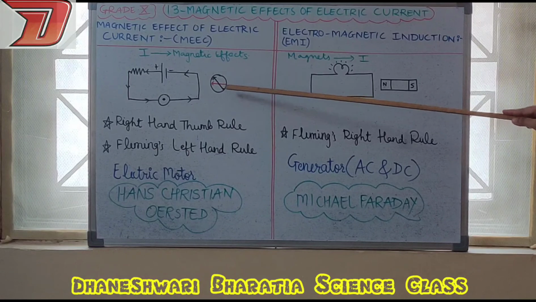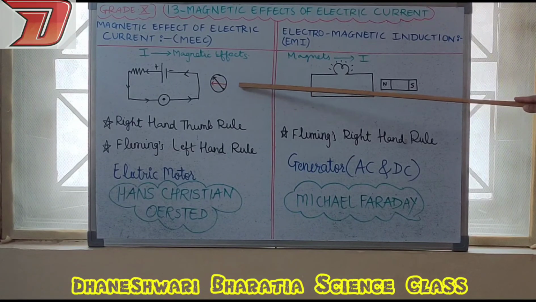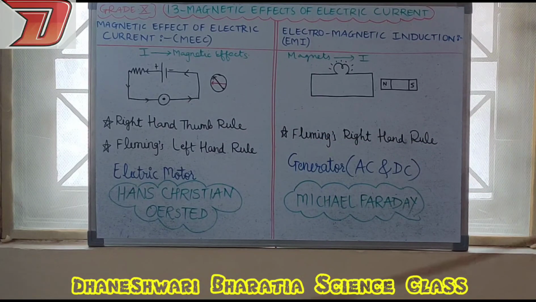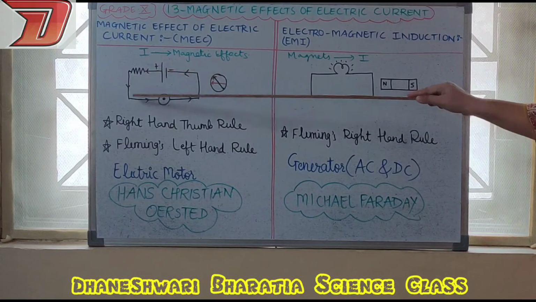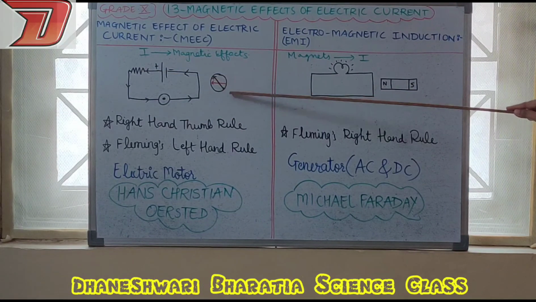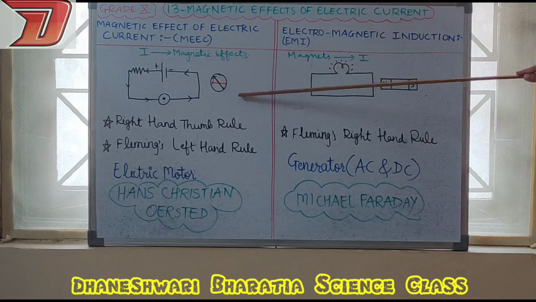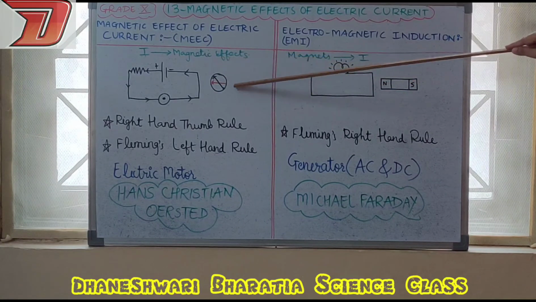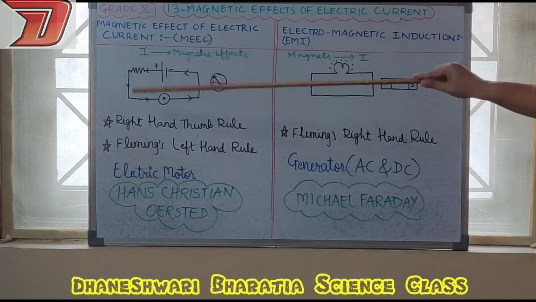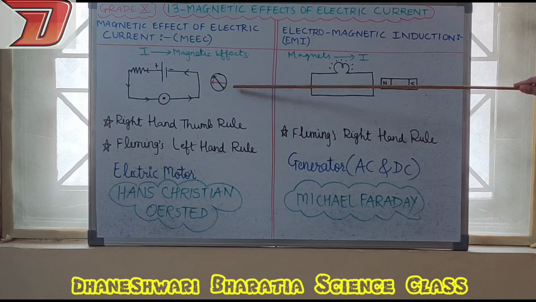Previously the red needle was there in the beginning, when the electric current was not passing through this circuit. But after the passage of electric current from positive to negative, this black arrow shows the deflection in the compass. Means something has happened which has led to the deflection of this needle, isn't it?